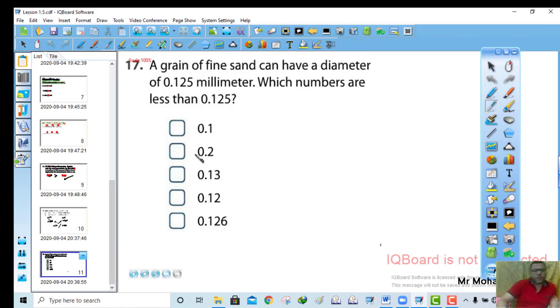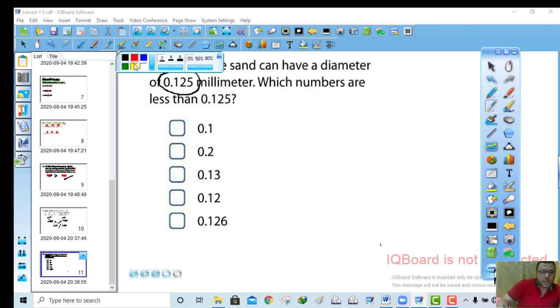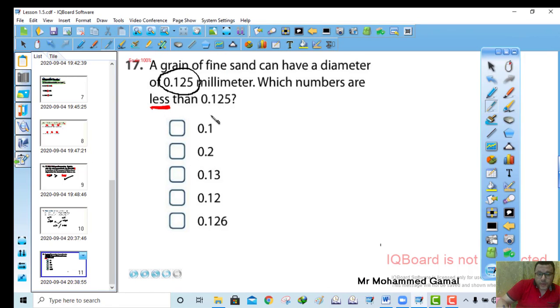A grain of fine sand can have a diameter of 125 thousandths. He's asking us which numbers are less than that. To compare, here there are 3 digits, so I have to make all of them 3 digits. I have here 1, so add 2 zeros, and here we need 1, and here we need 1. Now ask yourself: is 100 less than 125?